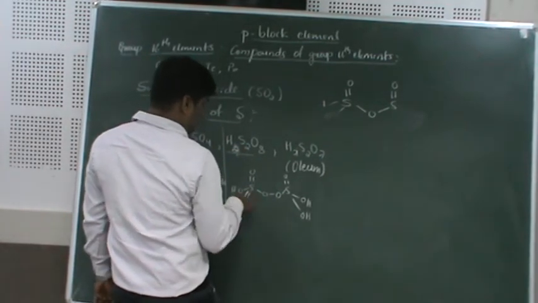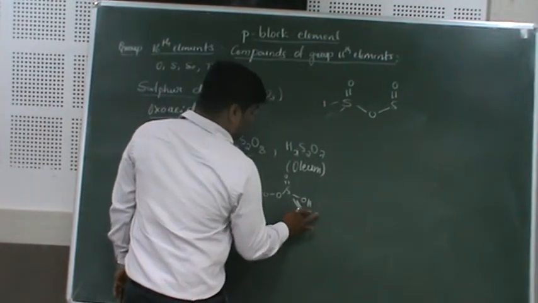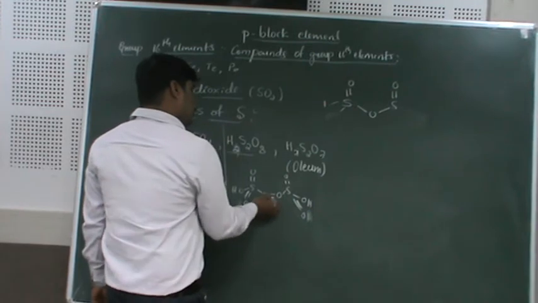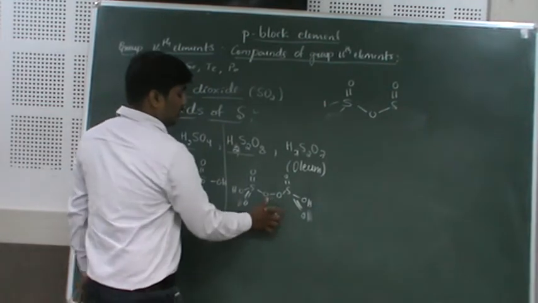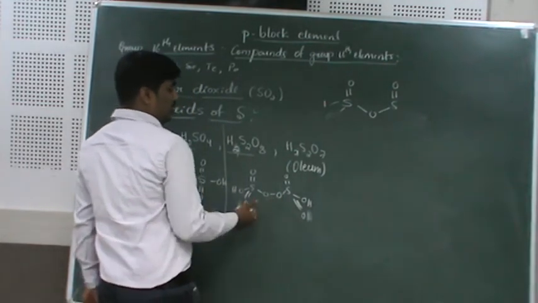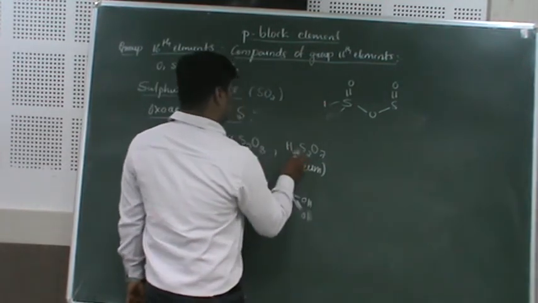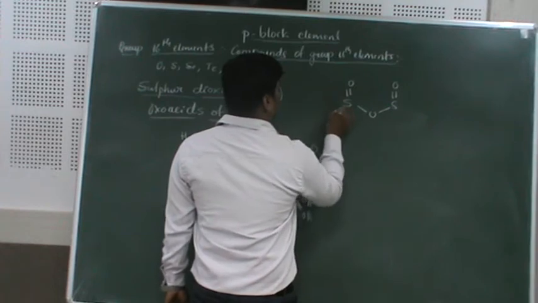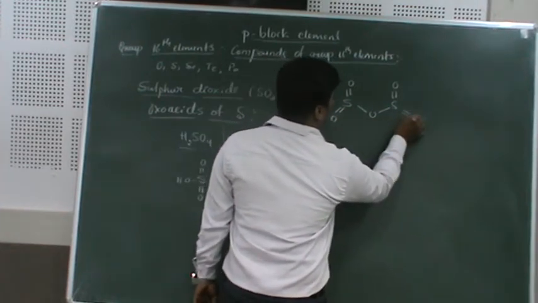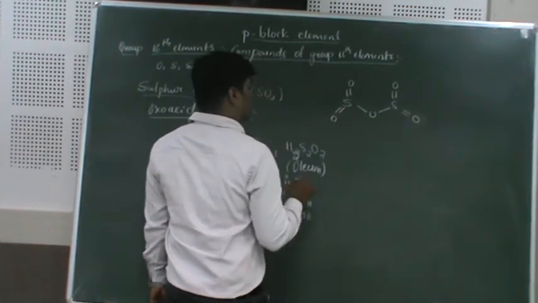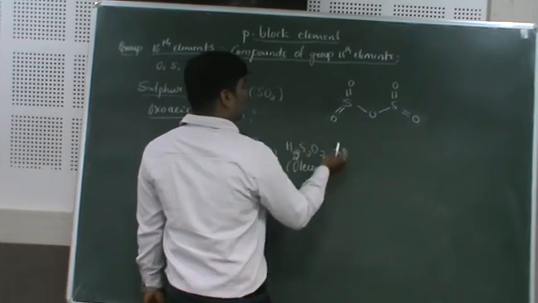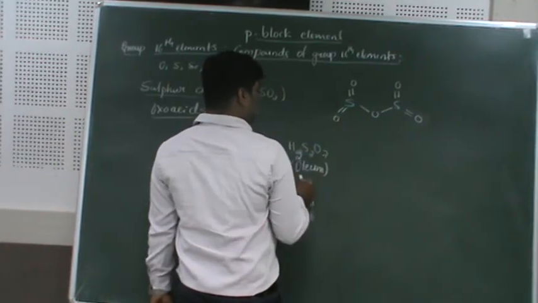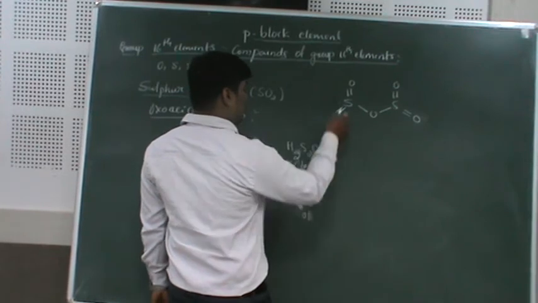Here oxygen double bond. Sulfur oxygen double bond. Here a water molecule is removed, hydrogen is lost. H2S2O7. Here sulfur oxygen double bond, and here sulfur oxygen double bond. And what are the things remaining? Just observe the compound. It's a very important structure of oleum.